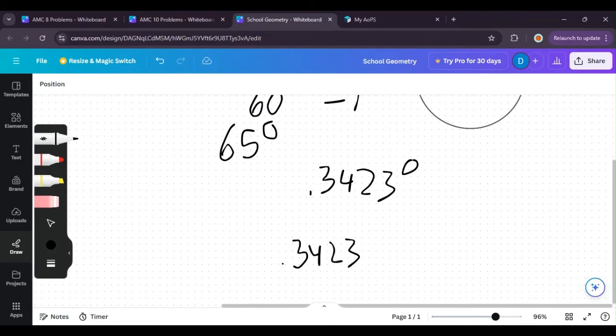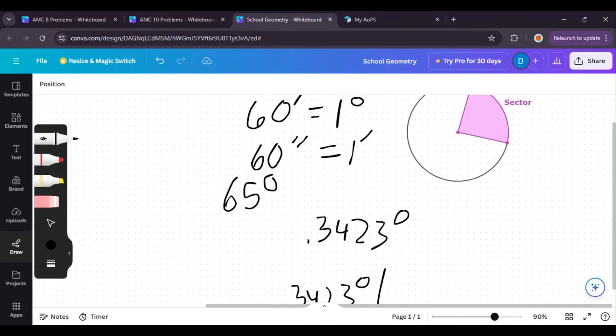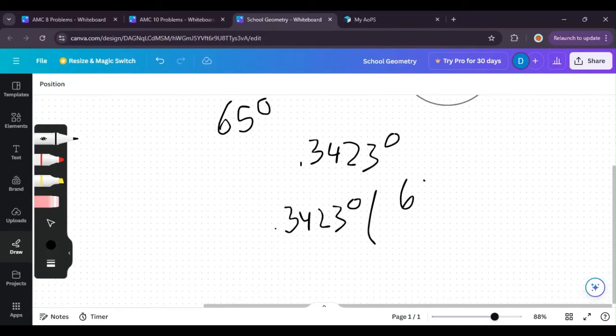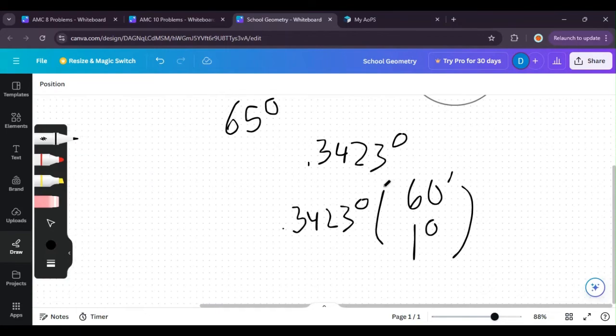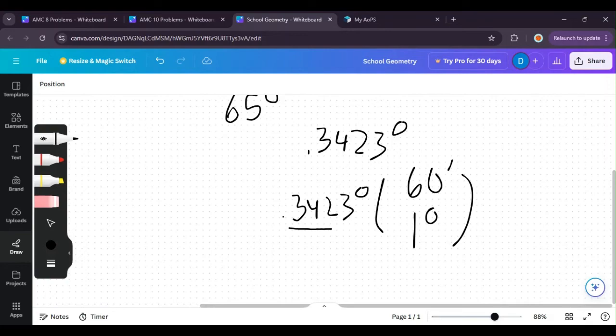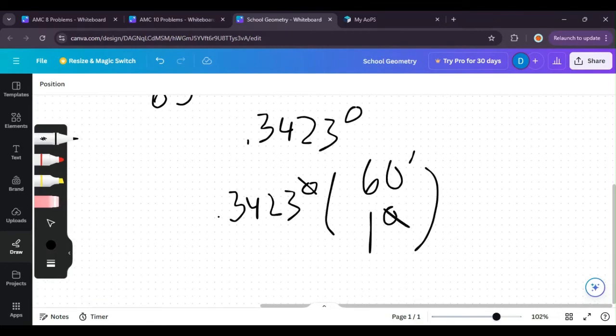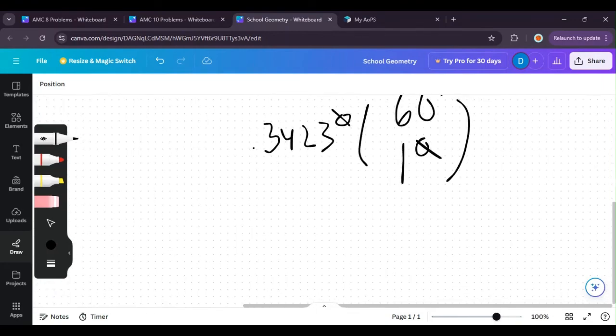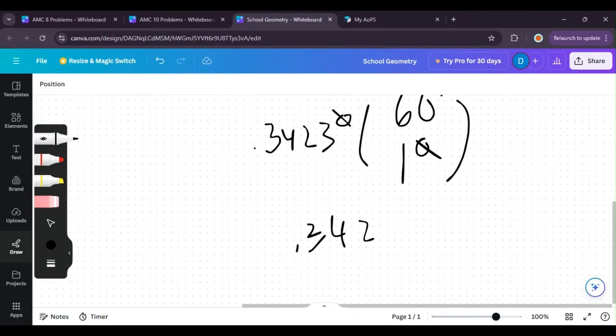So 0.3423 degrees multiplied by the conversion factor, which is just 60 minutes over 1 degree. We're basically multiplying 0.3423 degrees over 1 degree, but you really don't need that. You can just cancel out the degrees, so we have no more degrees left, and we have just 0.3423 multiplied by 60 minutes.